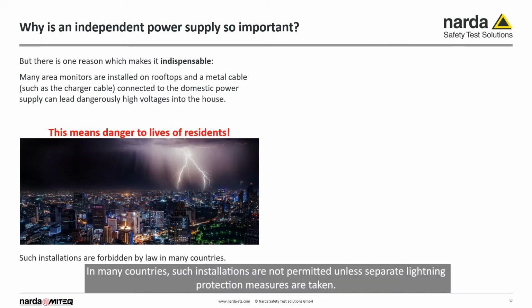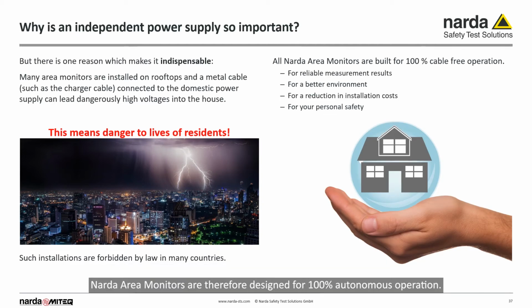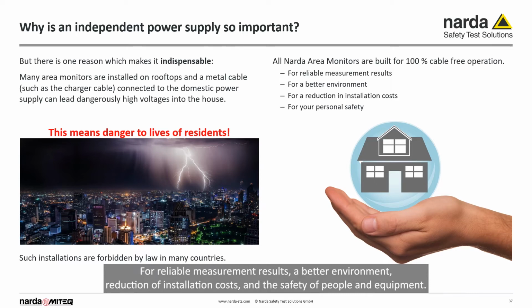In many countries, such installations are not permitted unless separate lightning protection measures are taken. Narda area monitors are therefore designed for 100% autonomous operation, for reliable measurement results, a better environment, reduction of installation costs, and the safety of people and equipment.